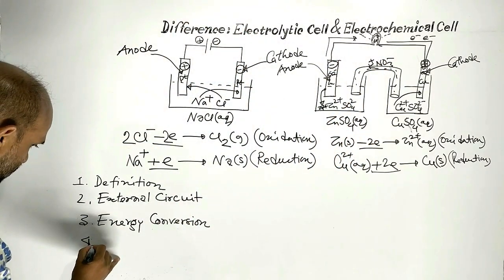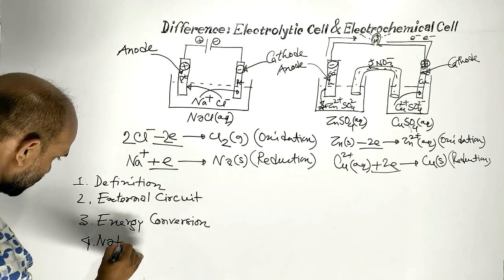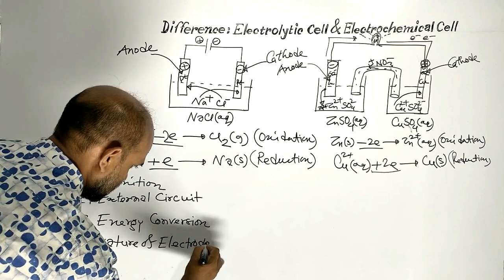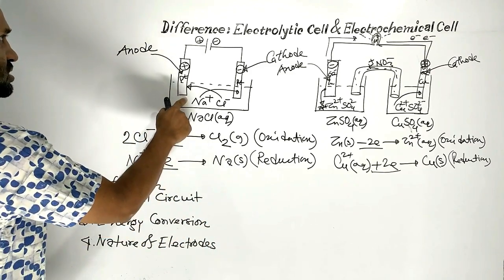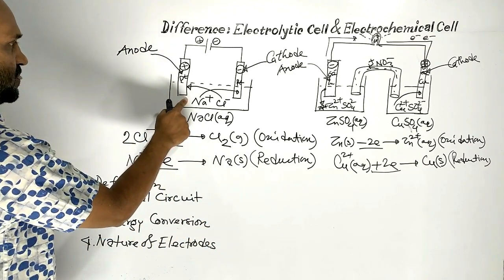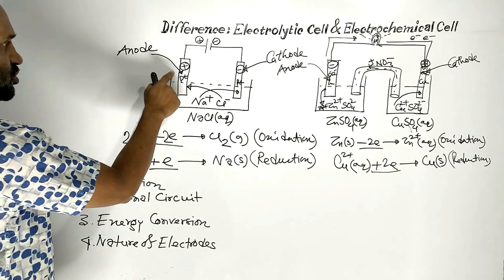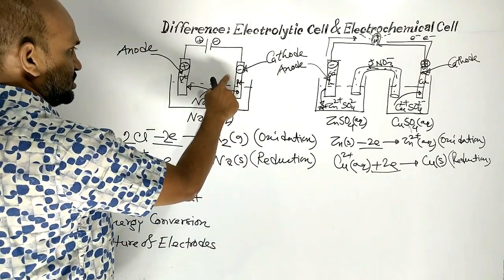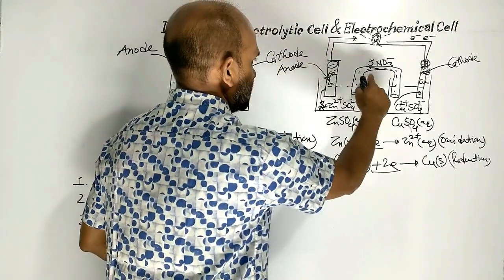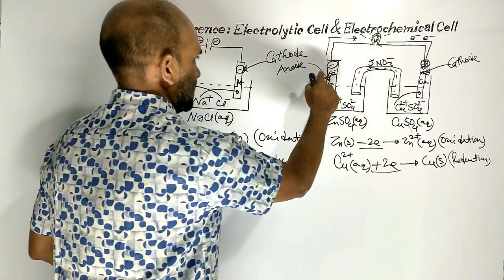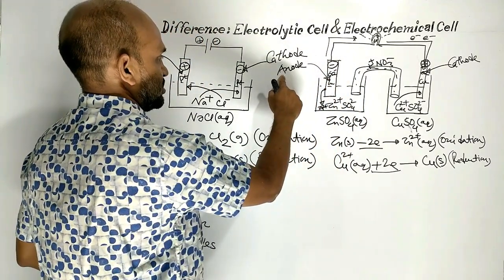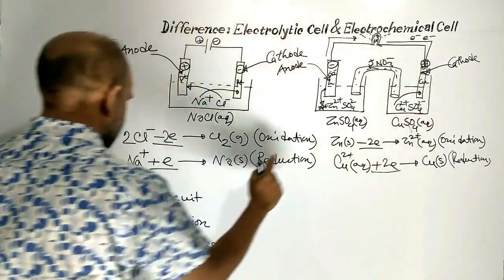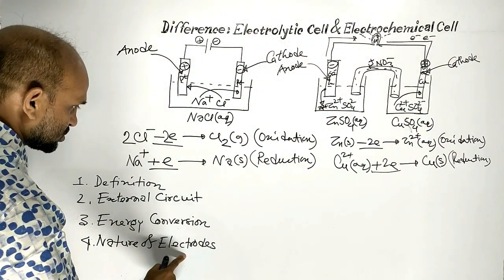Number four, nature of electrodes. In electrolytic cell, anode is positive in charge and cathode is negative in charge. But in electrochemical cell, anode is negative in charge and cathode is positive in charge. This is nature of electrodes.